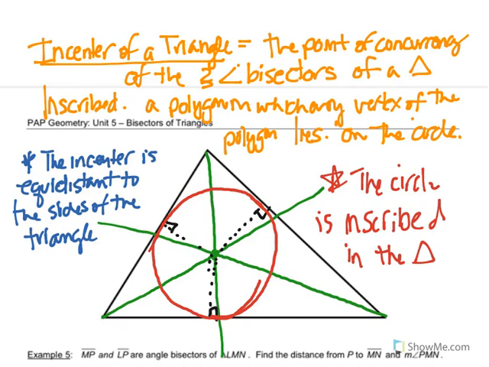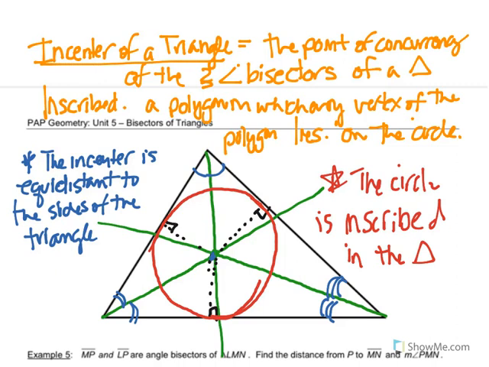Okay, so now remember, when you have angle bisectors, that causes these angles to be congruent. Okay, and then the equidistant sides, and there we go.